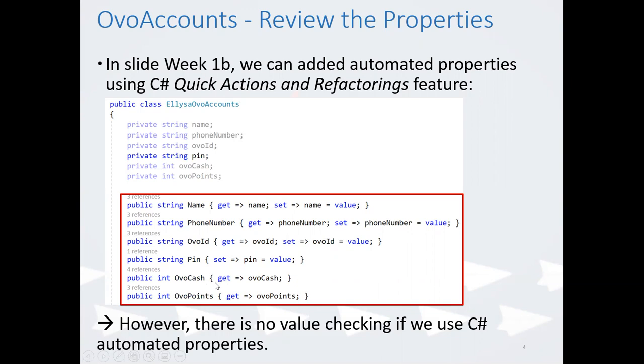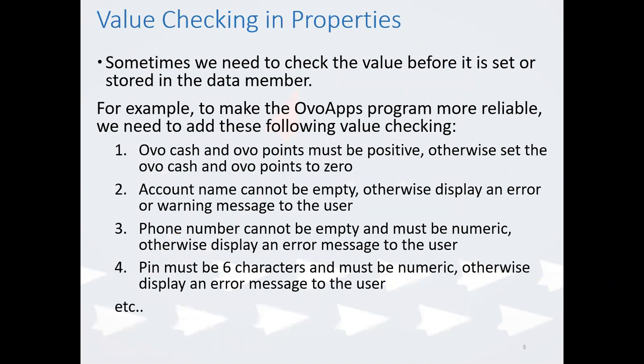All right. Now, sometimes, as I mentioned before, we need to validate or check the value before we set the value and store it in the data member. For example, account cash and account points should be positive or at least 0.